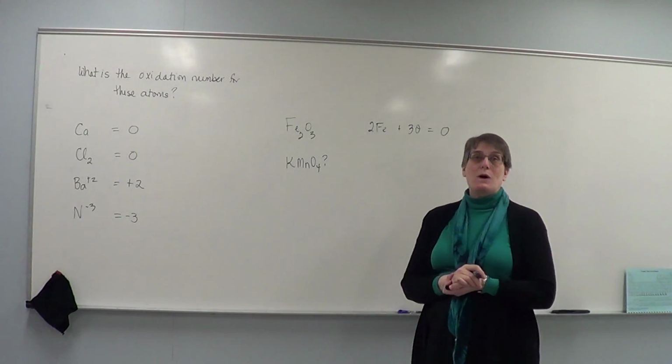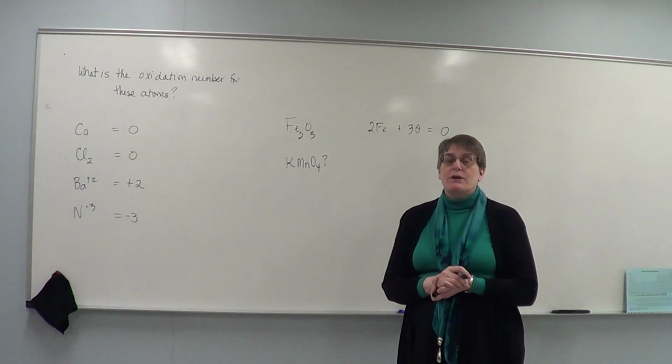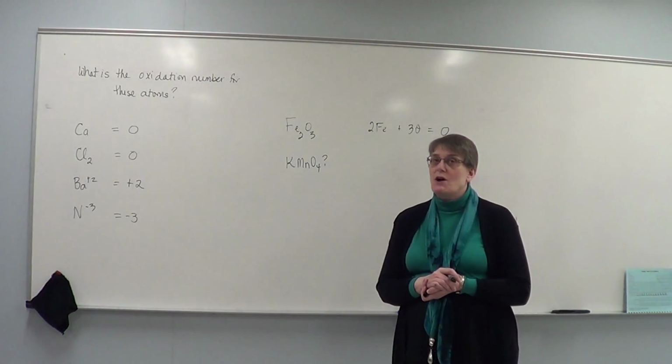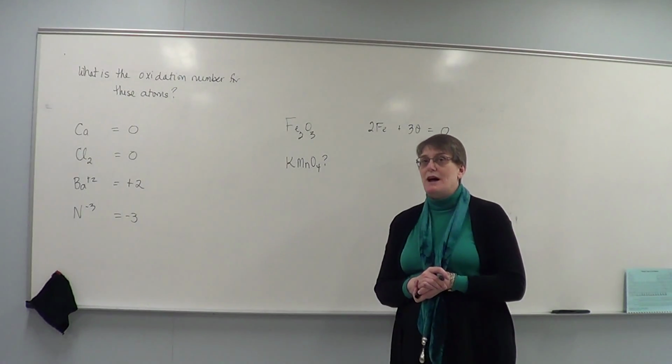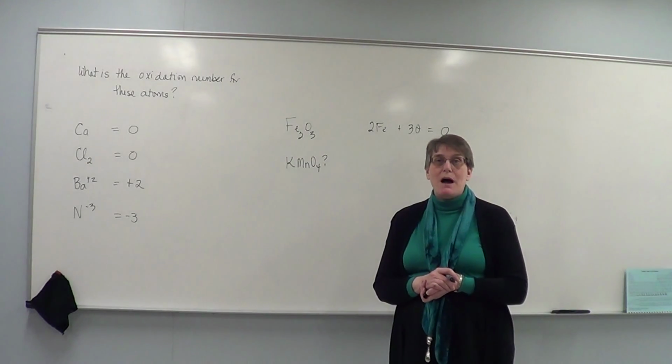Now I don't know what iron is. It's a transition metal and it can have a variety of charges. However, in the series of hints that I gave you, fluoride is always -1, hydrogen is usually +1, and the number 3 atom was oxygen, which is usually -2.